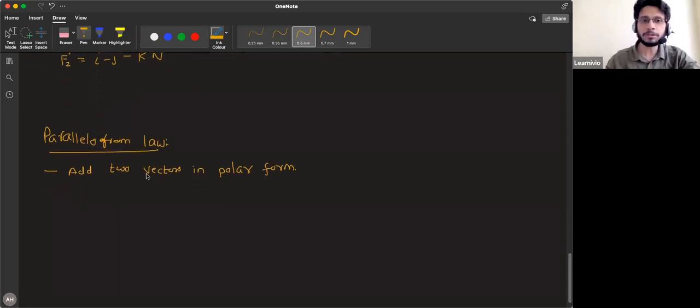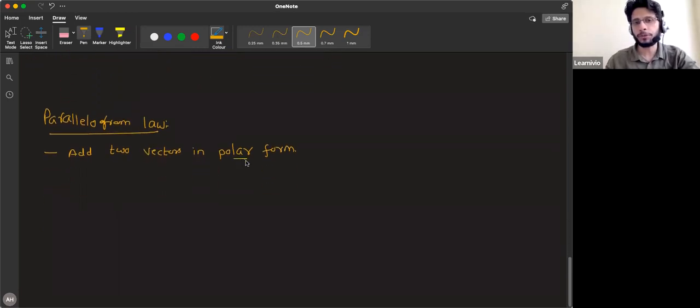But if you have vectors in polar form, sorry, polar form means the angle is given, then you will be using the parallelogram law. So these are the conditions to use the parallelogram law. First condition: it can deal with only two vectors at a time.